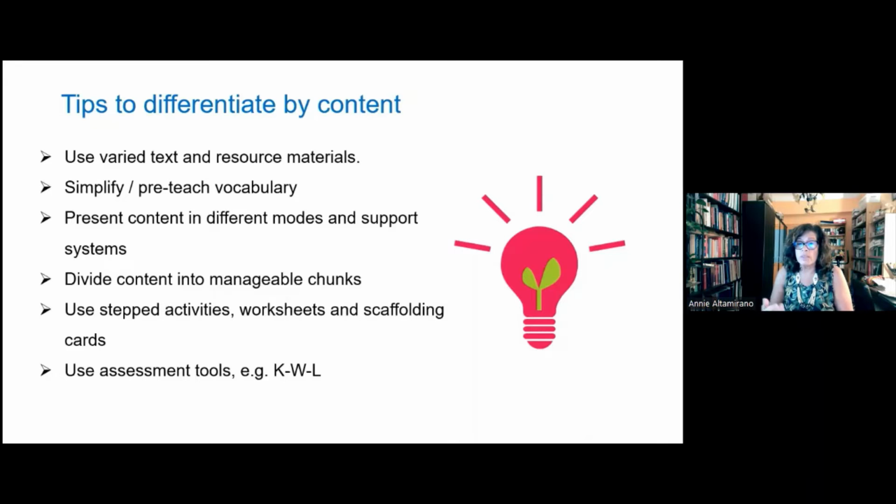Also, use stepped activities, worksheets, and scaffolding cards. I use these a lot.